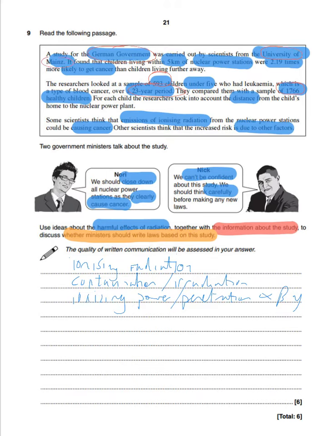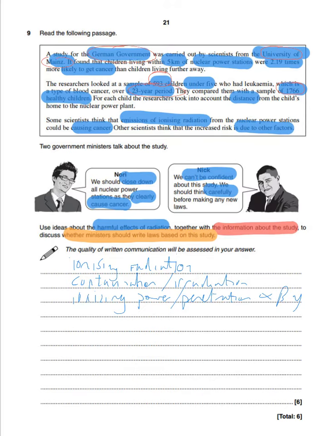So we can then say certain things about these. We can say something about the sample size, the length of the study, the university, and the German government, and all those things help us.